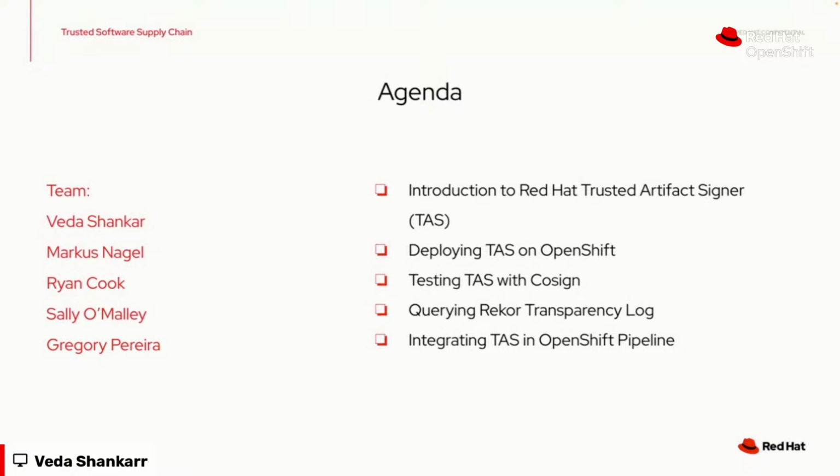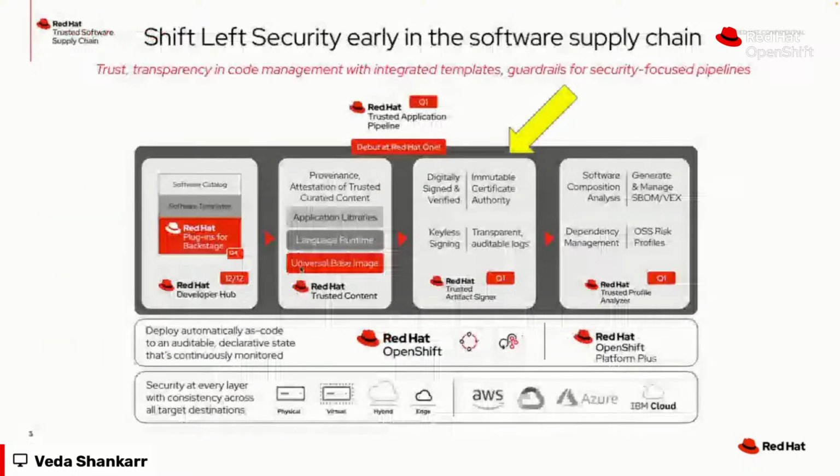Sally will also collaborate and talk about some of the stuff here. And then we'll do the Rekor transparency log. And then finally, Greg is going to show us how it's integrated into an OpenShift pipeline.